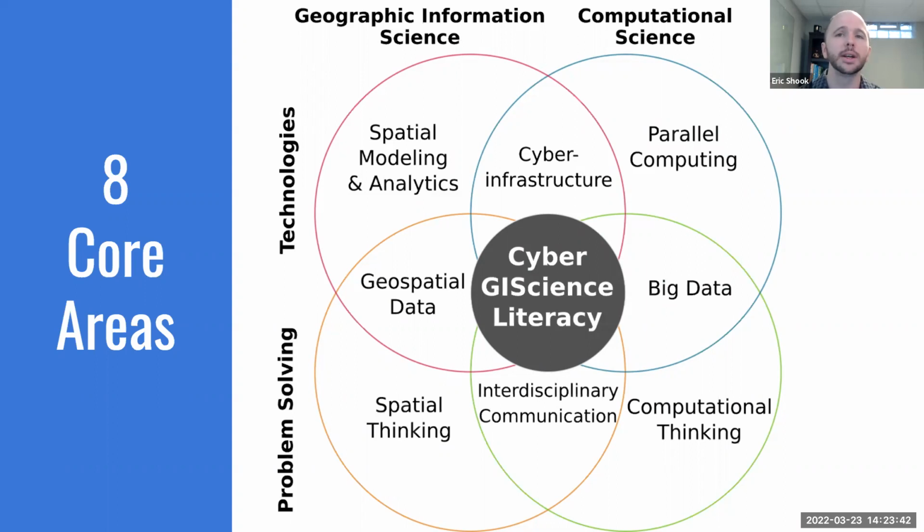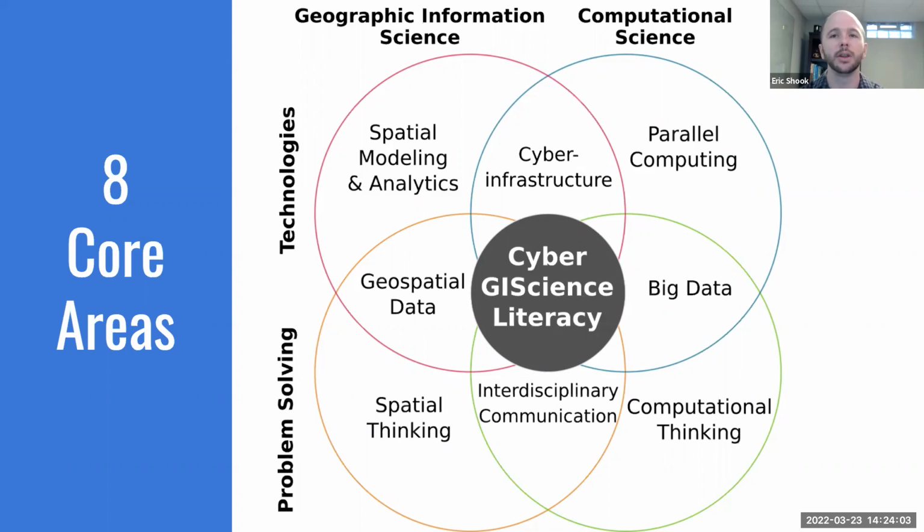What's important here is that cyber literacy has intentional bridges across these two science domains. On the technology side, we use cyber infrastructure as kind of a middleware and a technological bridge to span the methods of spatial modeling and analytics with parallel computing.